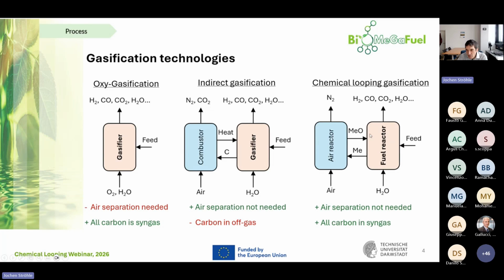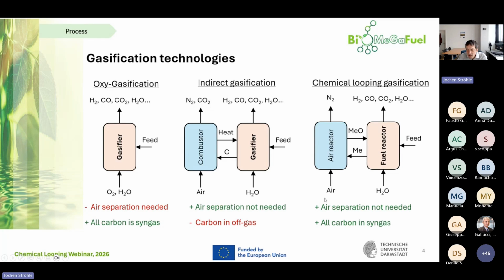And then leaving the fuel reactor, we have the reduced metal oxide, which is then reoxidized in the air reactor, and this is a strongly exothermal reaction, generating the heat also for the gasification reaction.